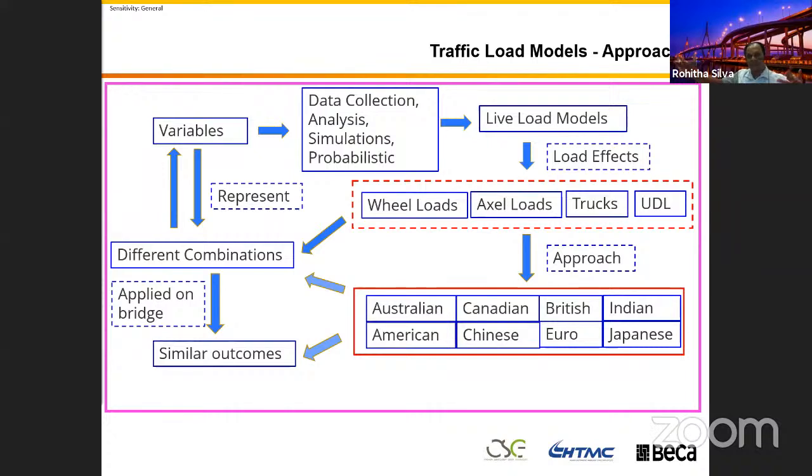For example, a simple example, growth of traffic and what the traffic behavior on the bridge will be. All these things need to be represented, but they are not going to be exact, but need to have a certain level of confidence for us to design this. Because of that, around the world, people develop different live load models to design the bridge.